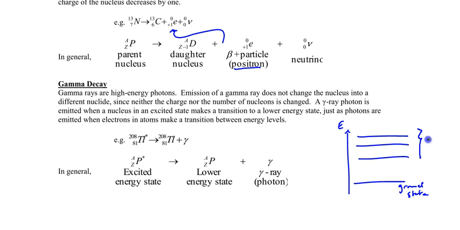So these are the excited states. And if you were to put the nuclei into an excited state, you would want to bring up the electron, say, to one of the higher excited states. Now, when that electron falls down to a lower state, such as the ground state, that quantum jump causes a photon to be released. And that photon is a gamma ray.